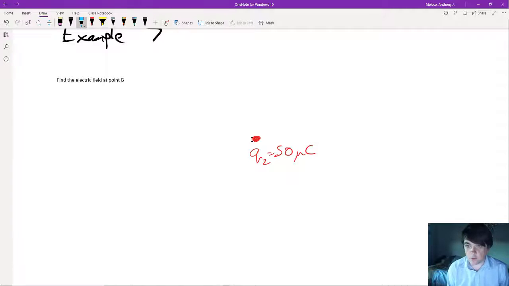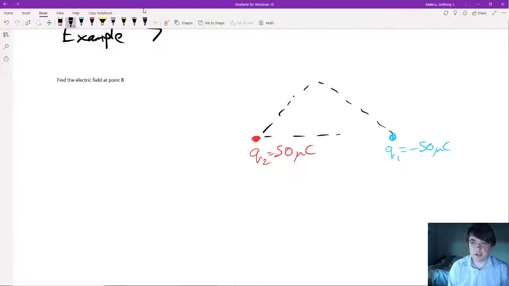You've got Q1, minus 50 microcoulombs. And then you've got this not really intricate, kind of intricate setup here. This is 30 centimeters. This is 40. This is 40. And these are both 26.